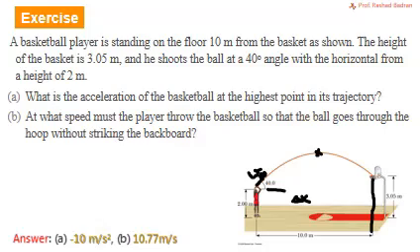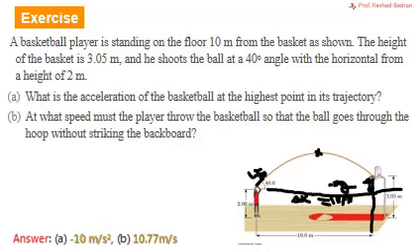We have this delta x given as 10 meters, and we have this displacement delta y, where the ball goes from the level of the thrower into the hoop of the basket.